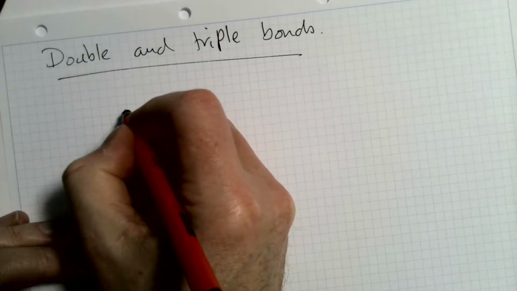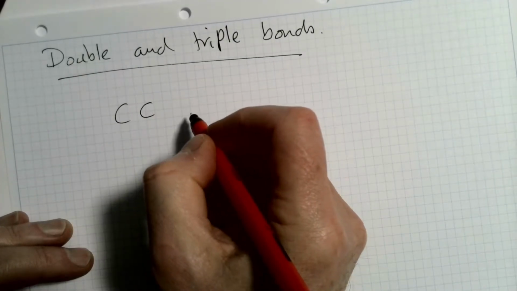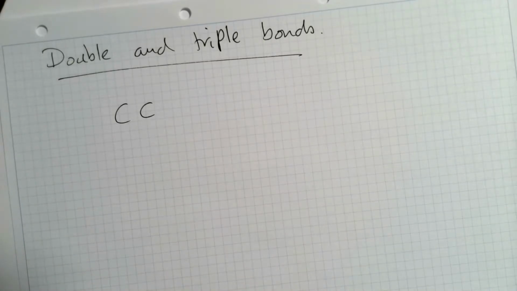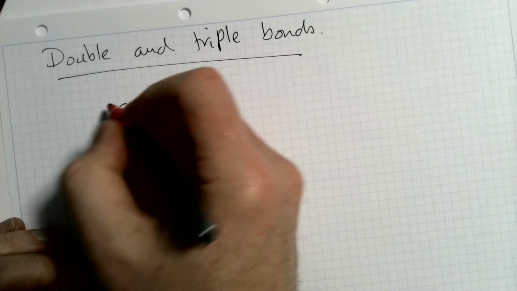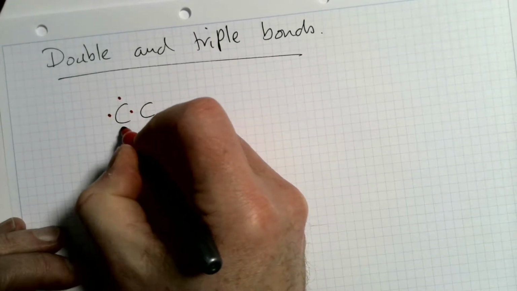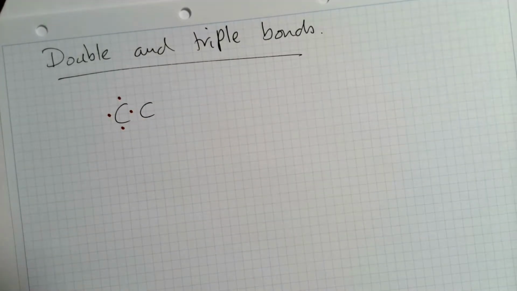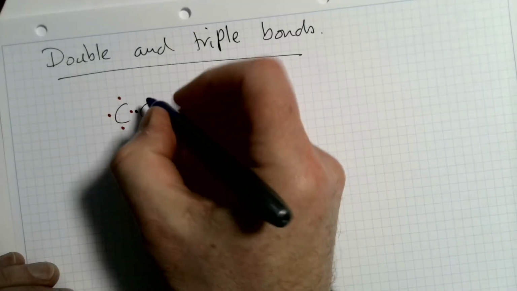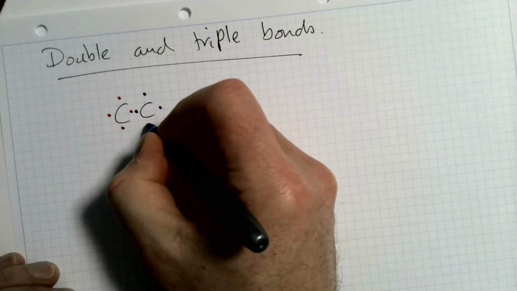So let's draw out our single bond structure for carbon. And what happens here is I'm just going to draw the electrons for this carbon atom in red, and I'm going to draw it around the atom like that. Okay? And I'm going to draw the electrons for the second carbon atom as blue.